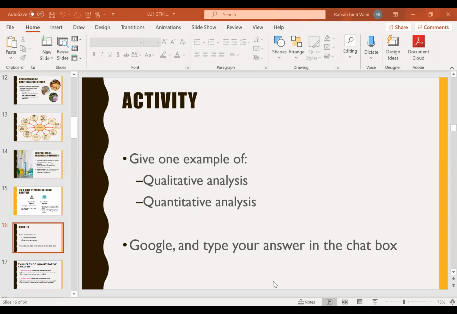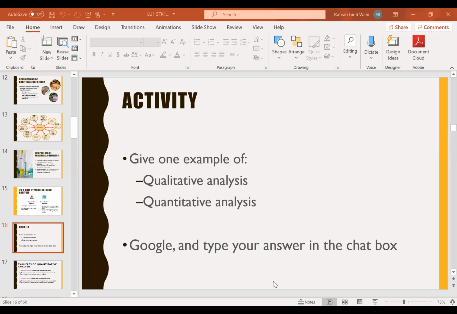Okay, so what do you think is this? Is it a qualitative analysis or quantitative analysis? You can use the chat box to answer, or you can use the microphone. Urine test for diabetic patient is identifying glucose, whether it is detectable in the urine sample or not. Is it qualitative analysis or quantitative analysis?